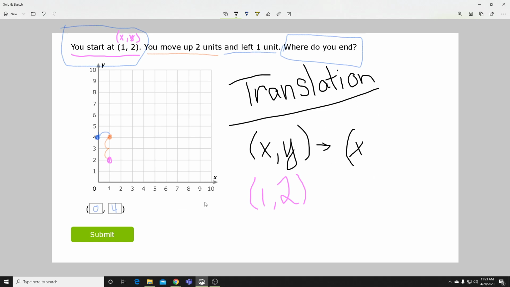So we're moving to the left by 1. We know that when we go to the left, we're getting smaller. Our x's are getting smaller. So that means that we're taking 1 away from x.